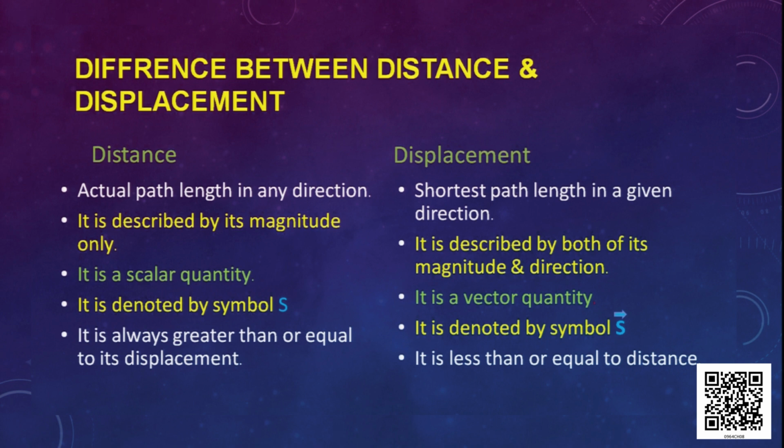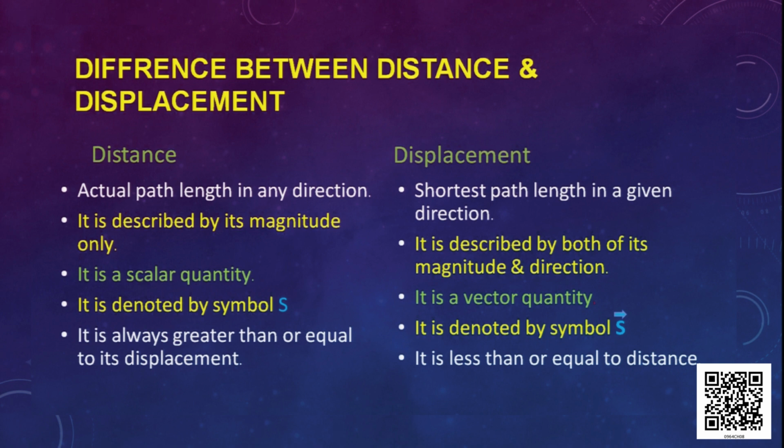Distance is described by its magnitude only: 10 meters, 12 meters, 15 meters. But displacement is described by both magnitude and direction: 10 kilometers in the north direction, 15 kilometers in the east direction, 20 kilometers in the northeast direction.